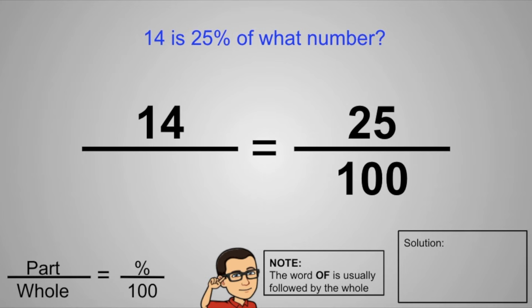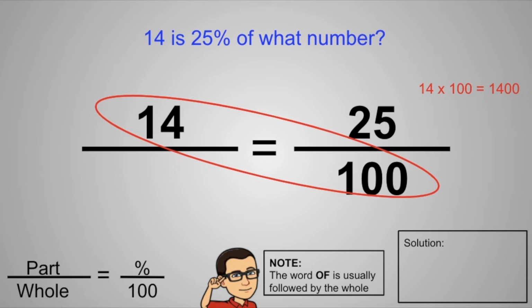Now we can use cross multiply and divide to find the missing value. First we multiply across the proportion. 14 times 100 equals 1,400. Then we divide by the only other number left. 1,400 divided by 25 equals 56. So the solution is 56. 14 is 25% of 56.